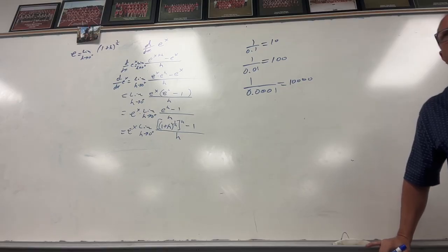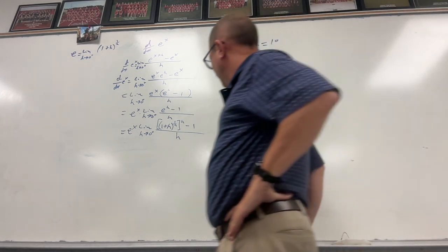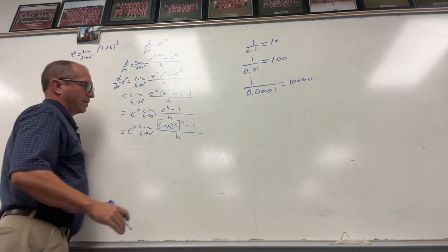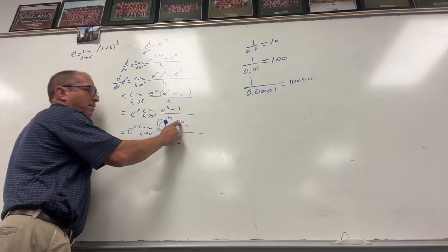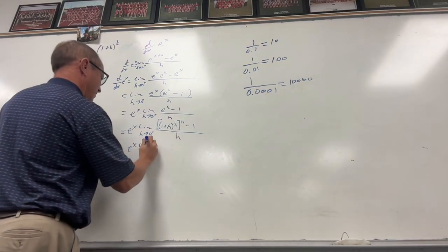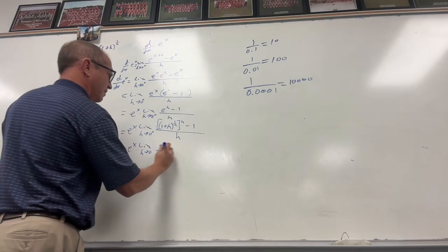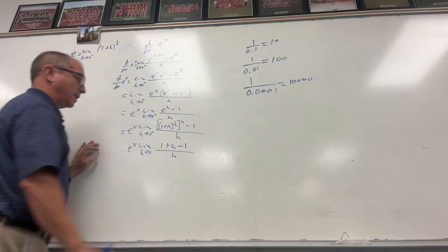Something happens here as far as the arithmetic is concerned. Would perhaps the h multiply into the 1 over h and make it just 1? Yeah. You raise an exponent to an exponent, you multiply them together, right? Good. So this just becomes 1 plus h minus 1 over h.